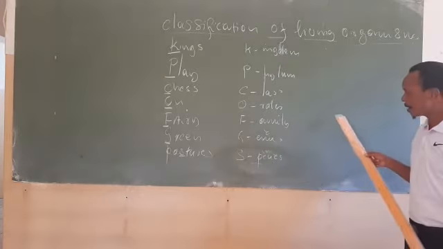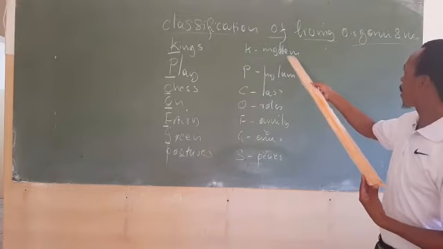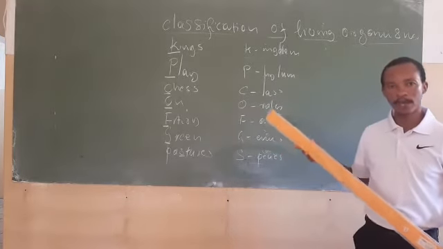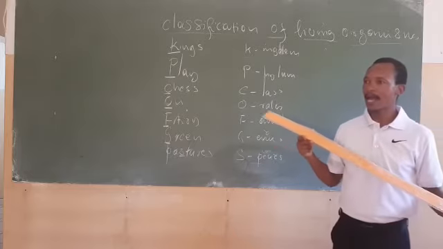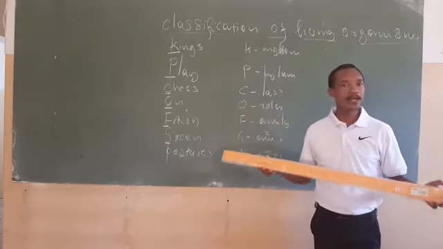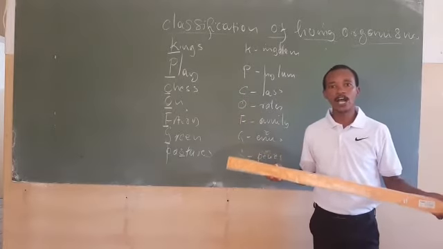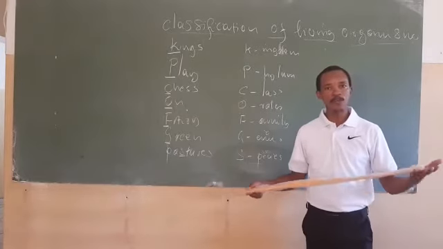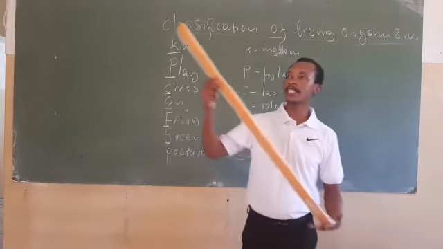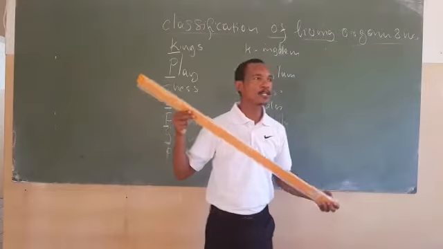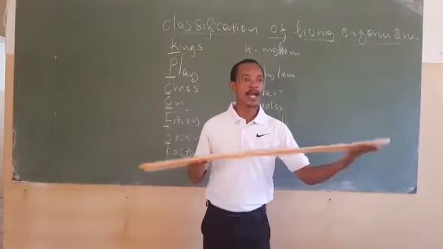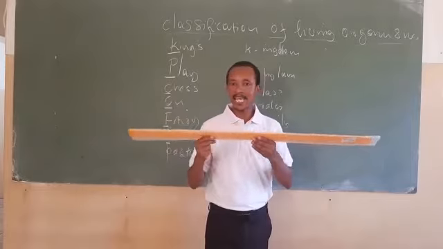Okay, then after you have classified them like this, you have to call them by some names. There are many names in the whole world. Which language are we going to use when naming a particular organism? You might find a scientist in England, a scientist in Africa, and a scientist in Asia, and they are looking at the same organism.